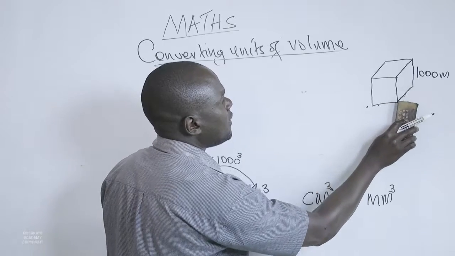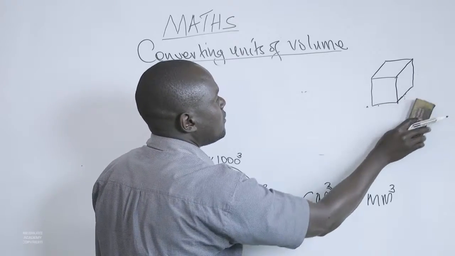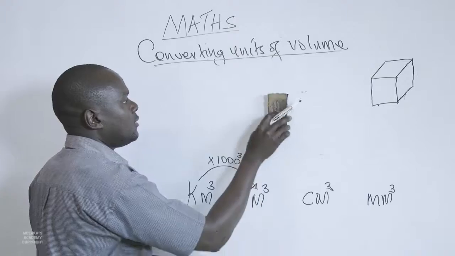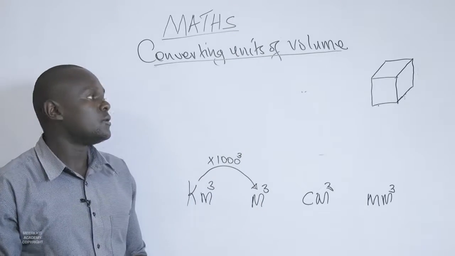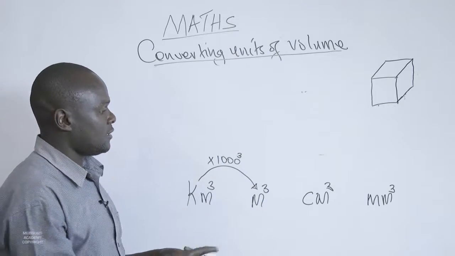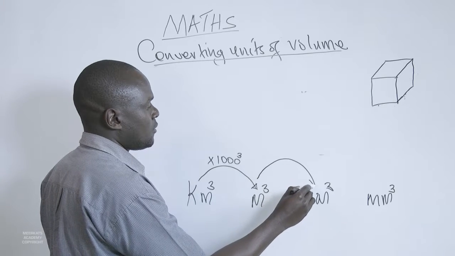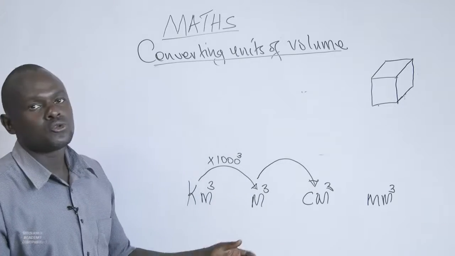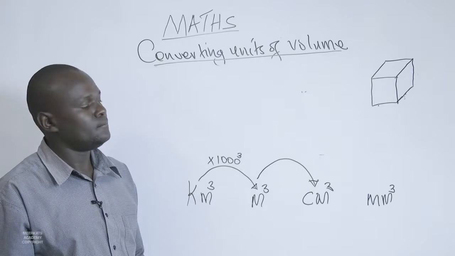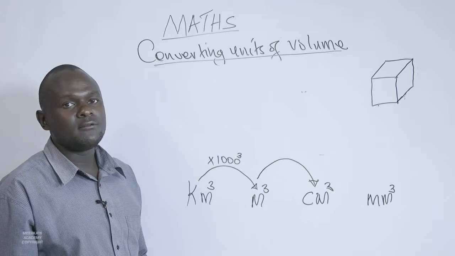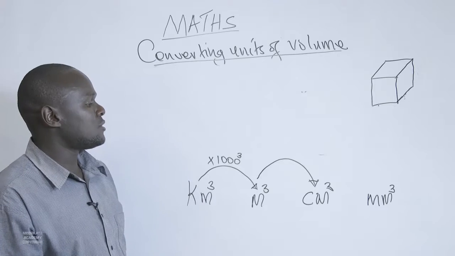We can also go ahead and try to come up with a multiplying factor when we want to convert from cubic meters to cubic centimeters. And this can be done from the basic units.